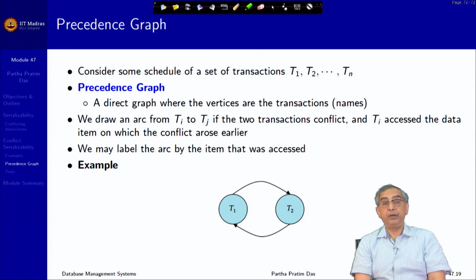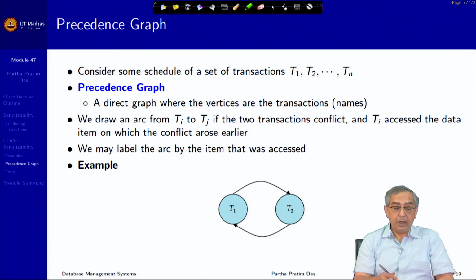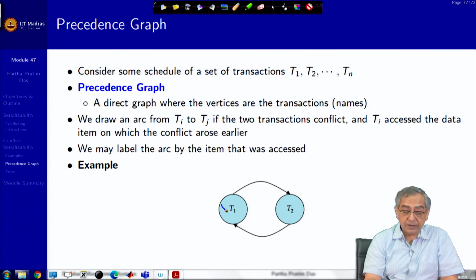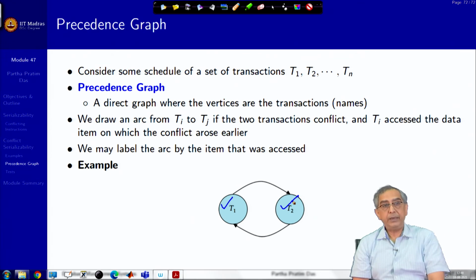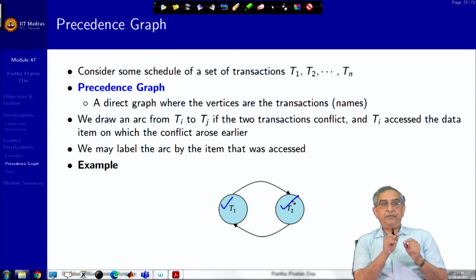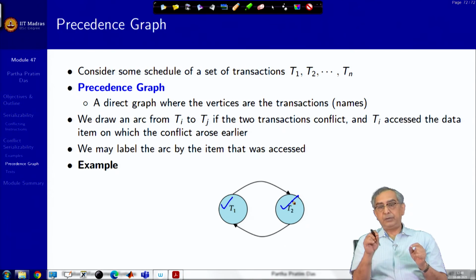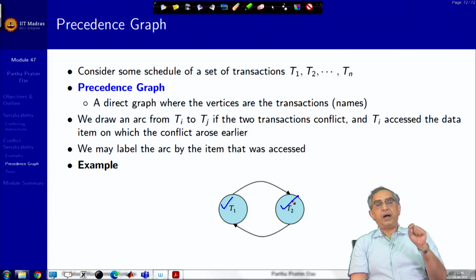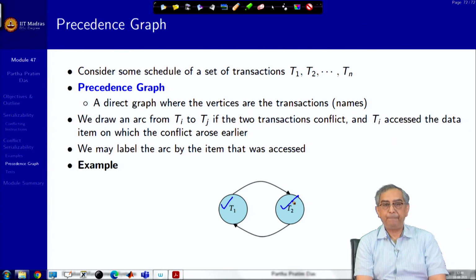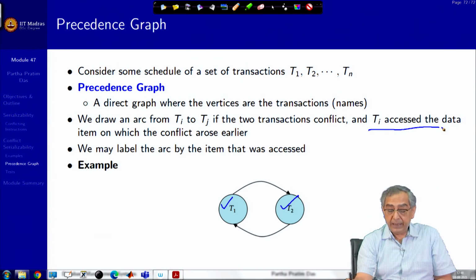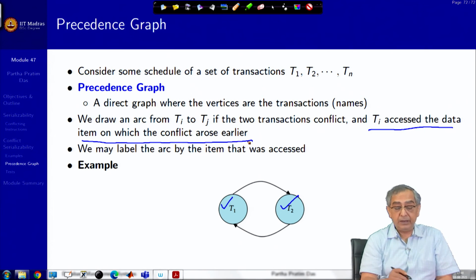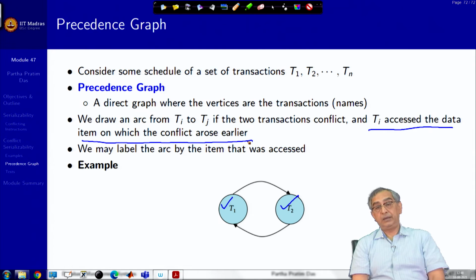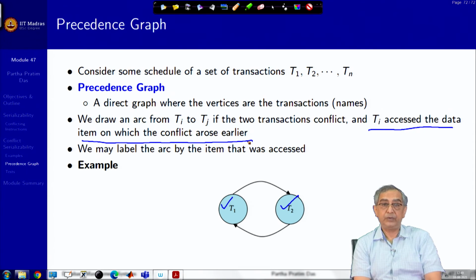So, what you do is you represent this in terms of a graph. The nodes of this graph are transactions, and if there is a conflict between two instructions of two transactions, then you draw an arc from one transaction to the other, where Ti accesses the data item on which the conflict exists.